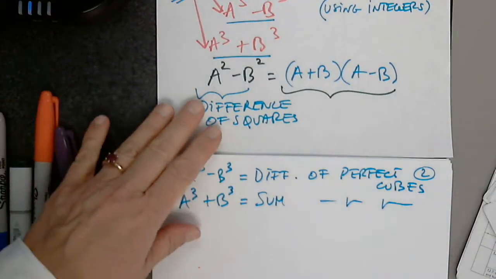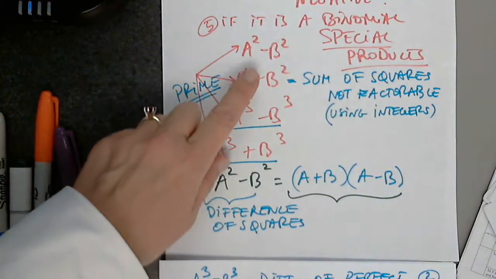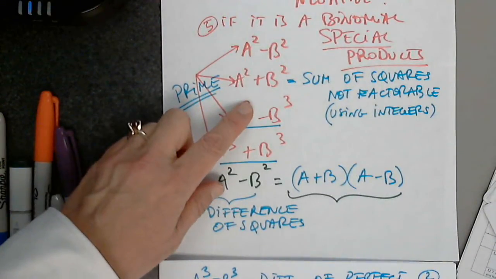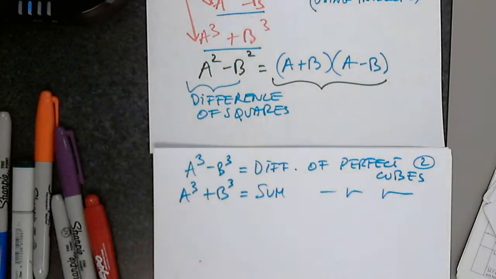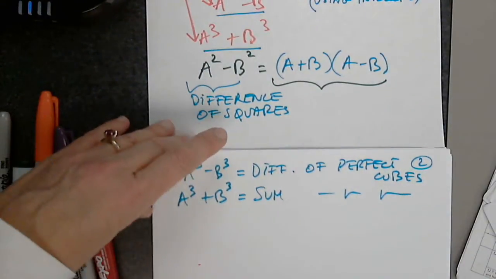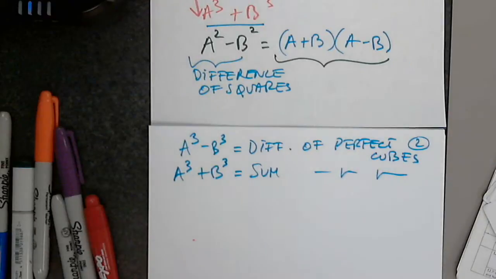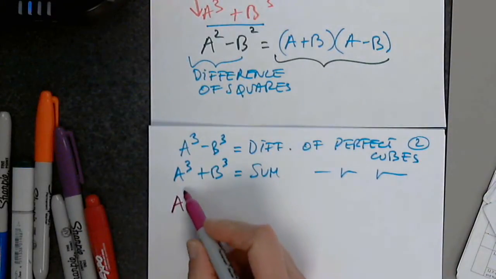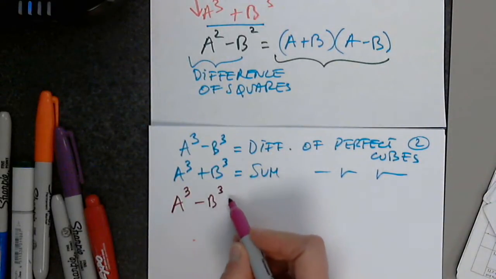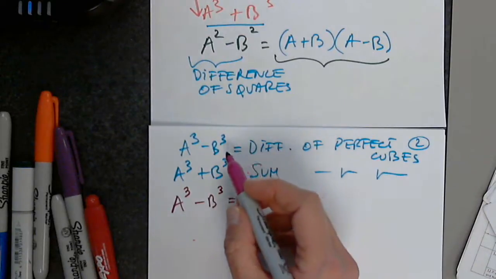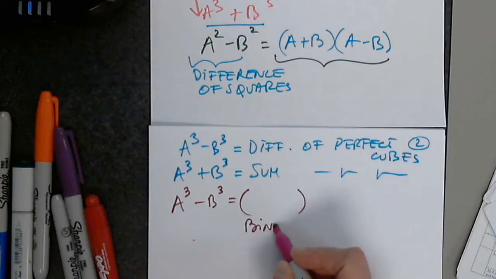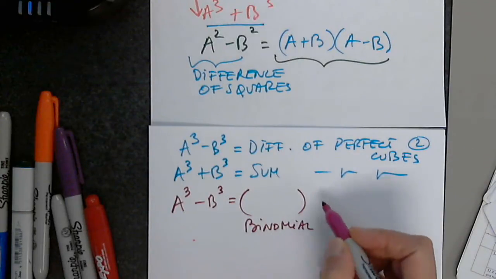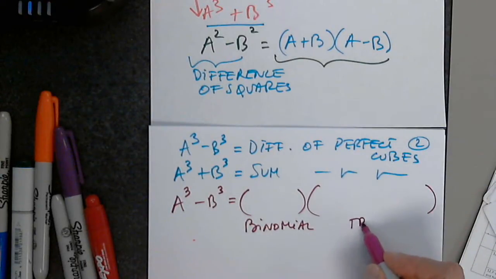So let's come back here for a moment. The difference of squares is factorable. The sum of squares is not. But when it comes to the sum and difference of cubes, they are both factorable. Okay? So let me give you the formula. When we factor the difference of cubes or the sum of cubes, we will have to come up with a binomial and a trinomial.